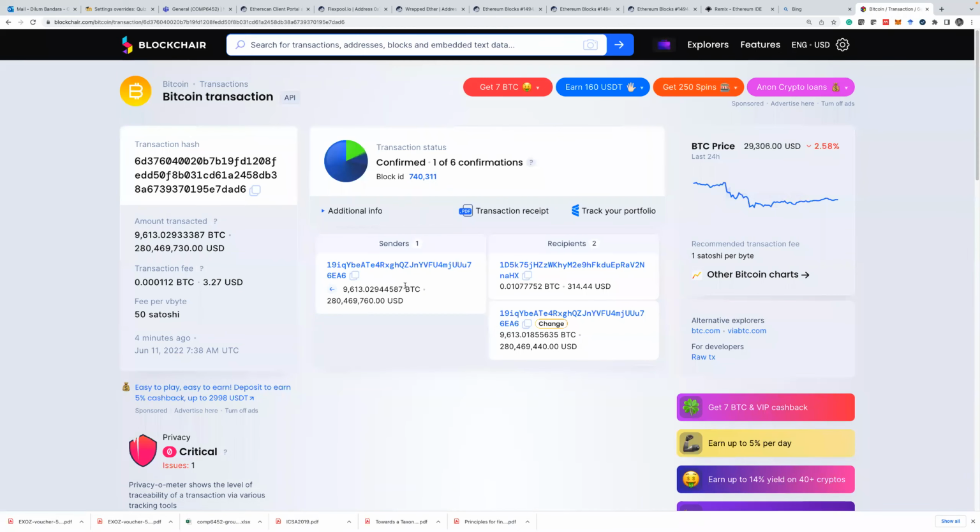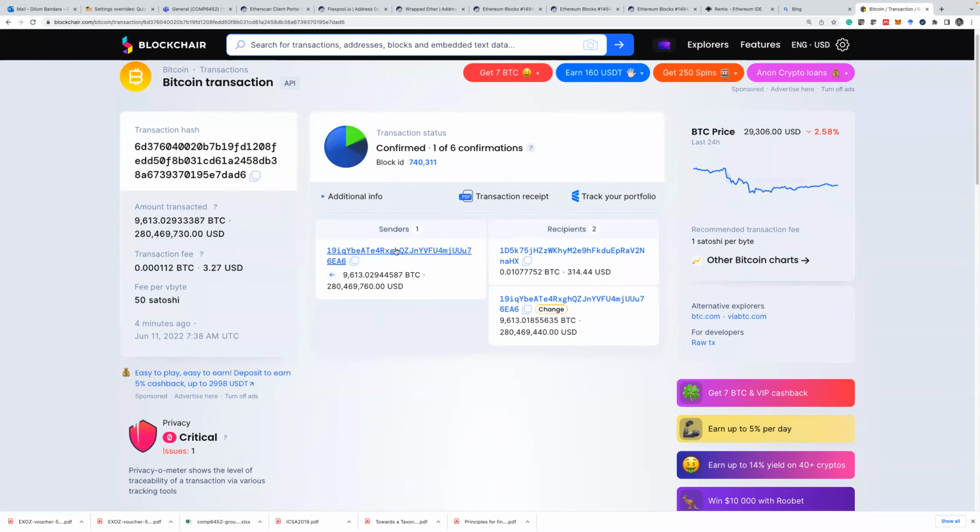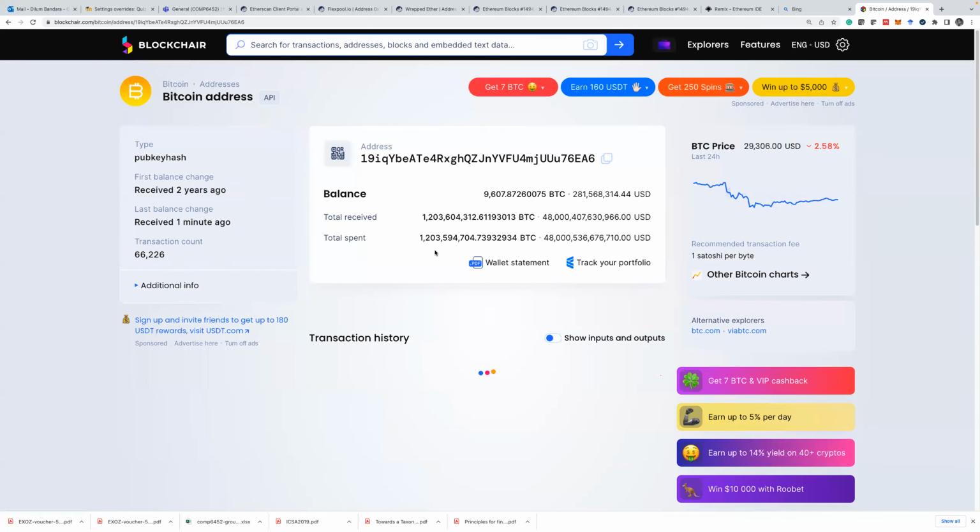Somebody did this transaction, and this is the sender, and that sender sent this into two outputs. One is essentially a payment, and this is a fee. So this was a transaction, essentially money going from this address into this address, plus a fee going to the miner. Just to see what this could be, in case you know the details.